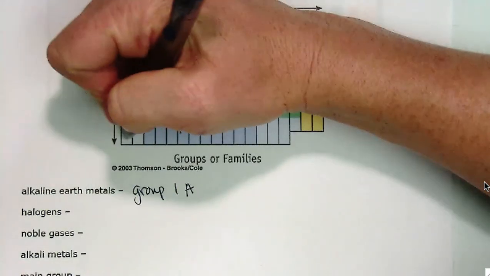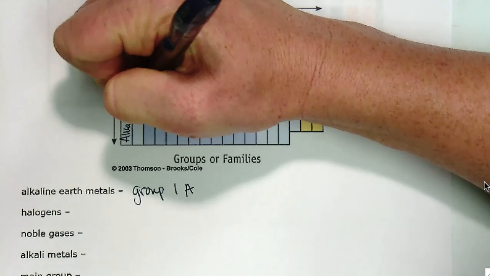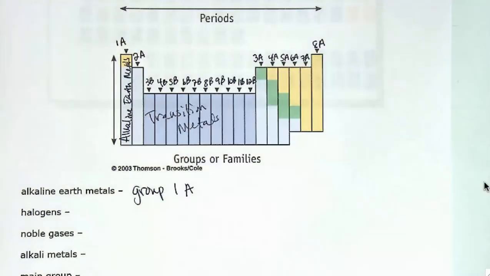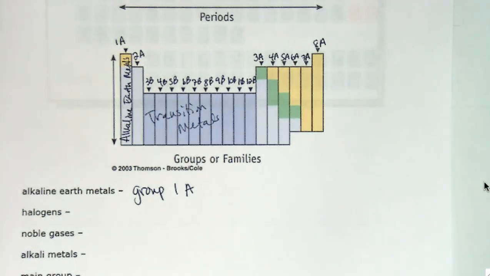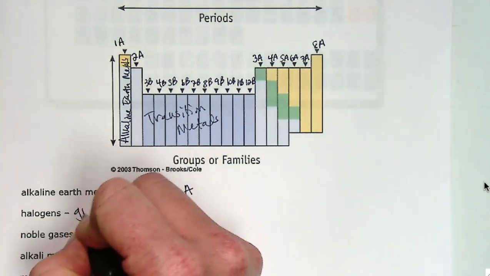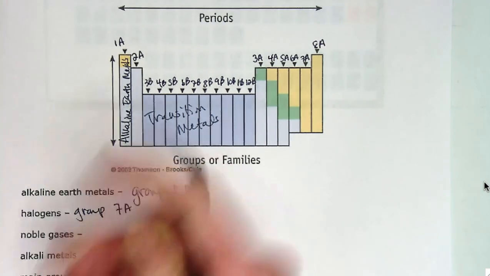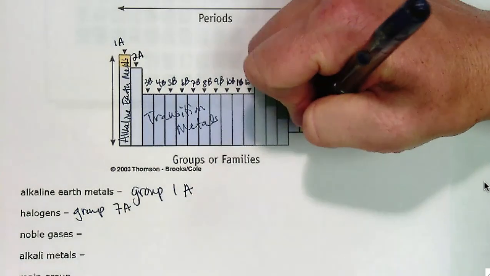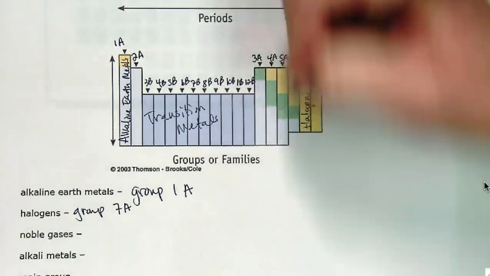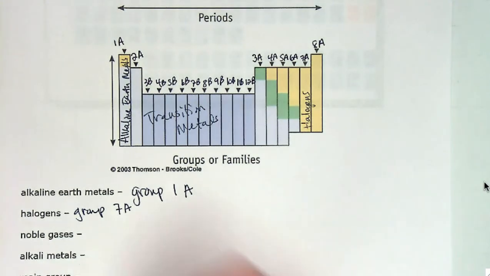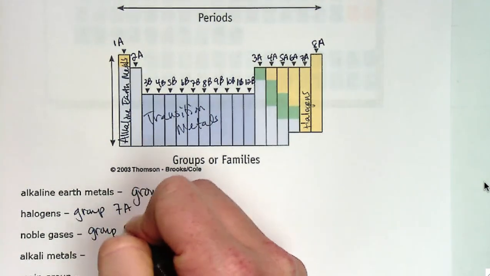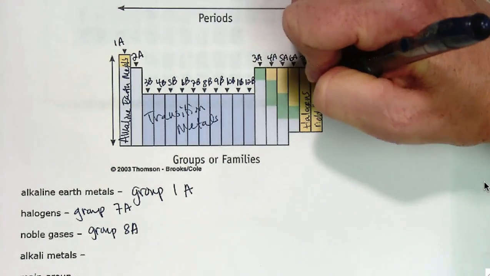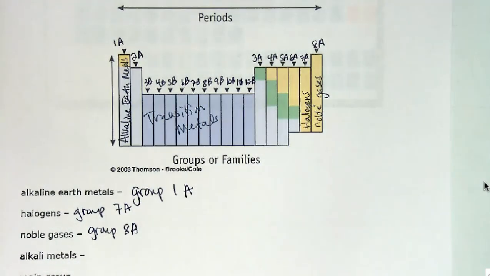Okay, so I'll put that here. Alkaline earth metals. Halogens. Halogens are in group 7A. So that's all the way over here. Noble gases are group 8A. Alkali metals.